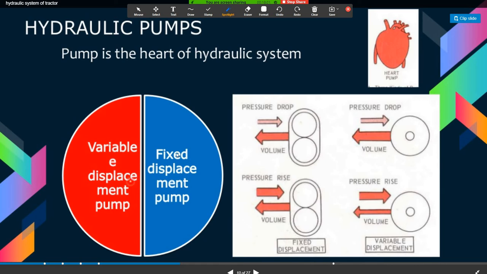So you can see here, the hydraulic pump is the heart of the hydraulic system. There are variable displacement pumps and fixed displacement pumps.